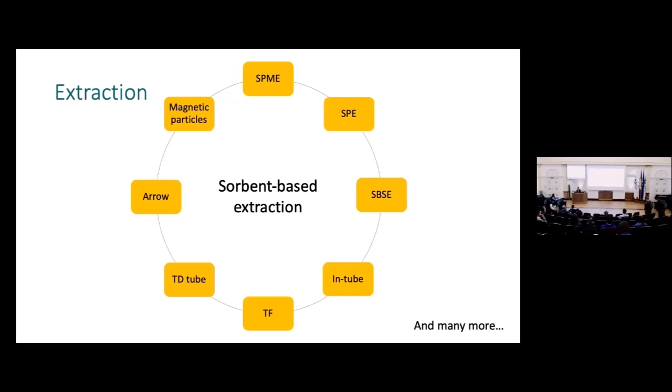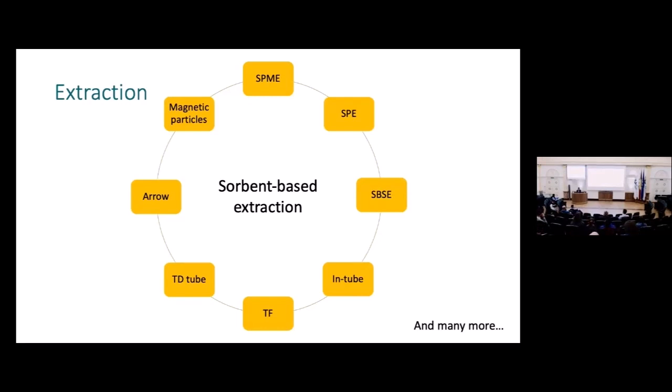Now I will talk to you about extraction. Solvent-based extraction exists in many shapes. We can take, for instance, solid phase microextraction, stir bar sorptive extraction, the TD tube, or the more recent magnetic particles.